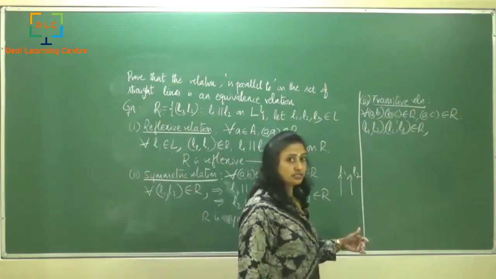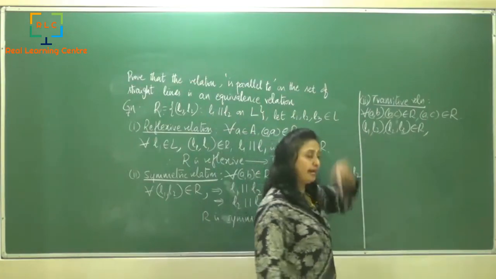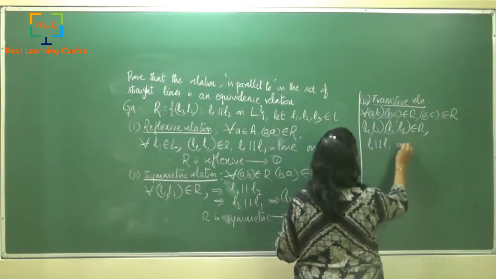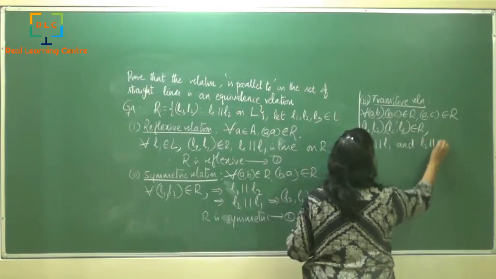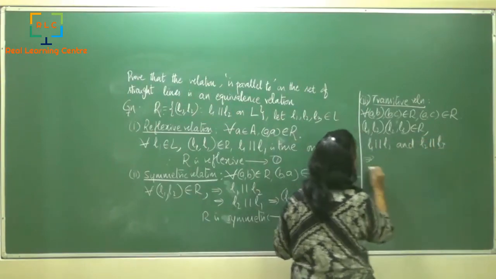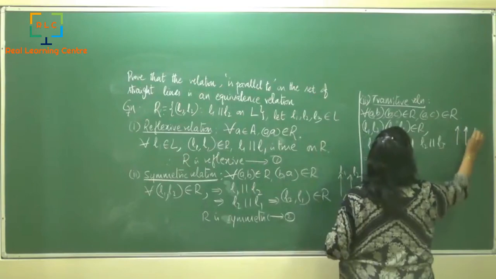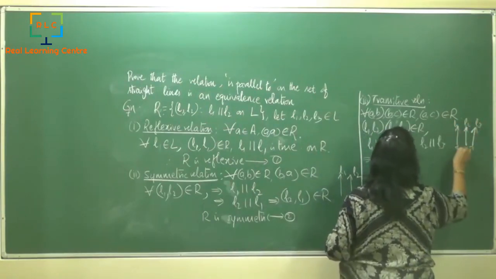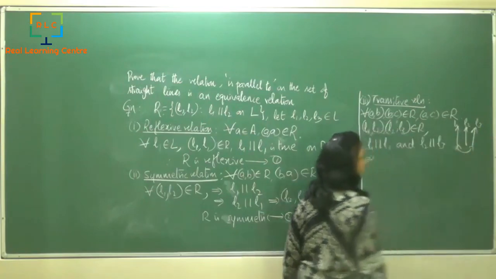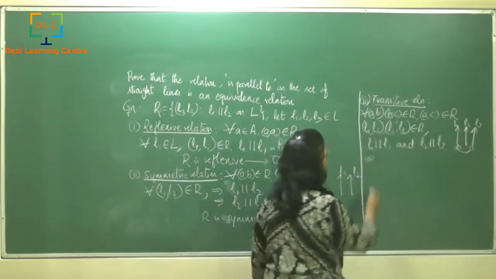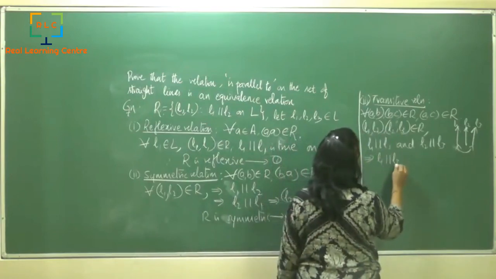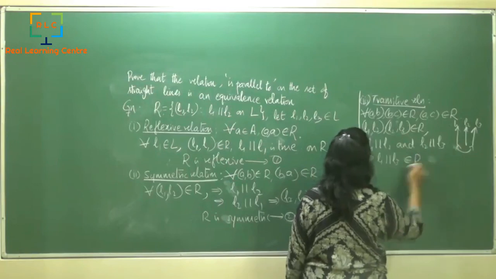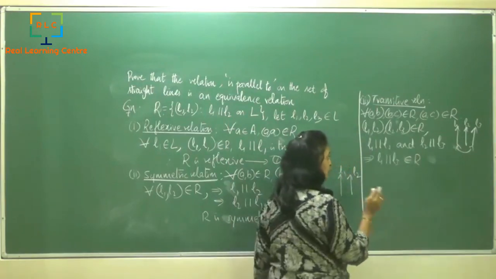Now it is understood that L1 is parallel to L2 and L2 is parallel to L3, and again from geometry we know that L1 is parallel to L3 is absolutely true. So this implies that (L1, L3) belongs to the relation, because L1 is parallel to L3 is true on R.